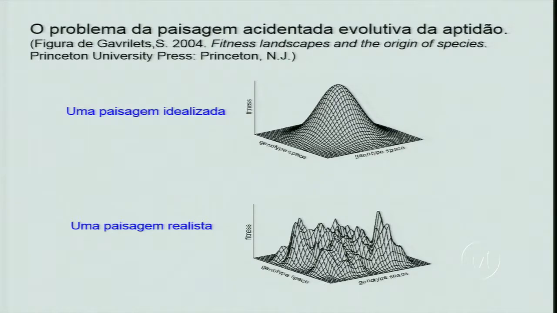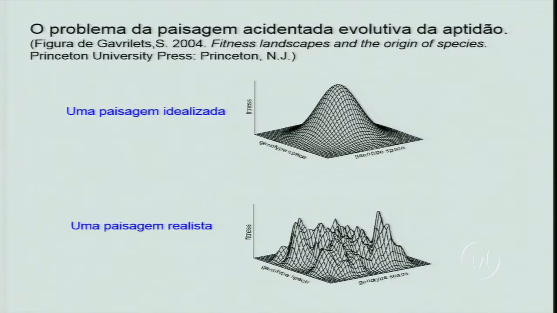But it turns out that that's just an idealized fitness landscape. This is what you would expect a realistic fitness landscape to look like, that there are many different parts. And so you can improve one aspect of an organism or one aspect of a system, but that doesn't relate to other aspects of the system.